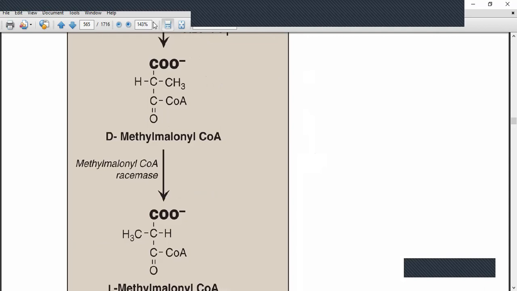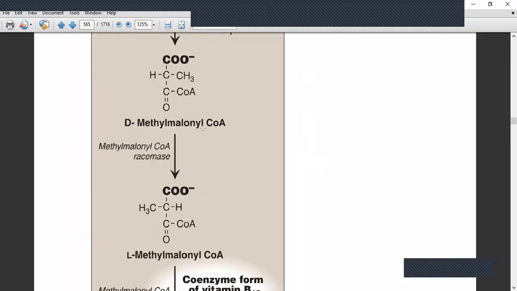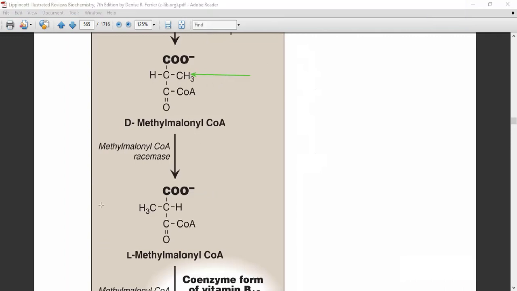You can see the D from this position, D position, to the L. So from D-methyl malonyl to L-methyl malonyl, a reaction catalyzed by methyl malonyl CoA racemase.